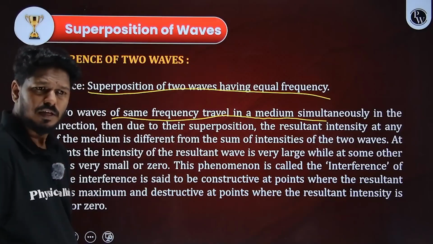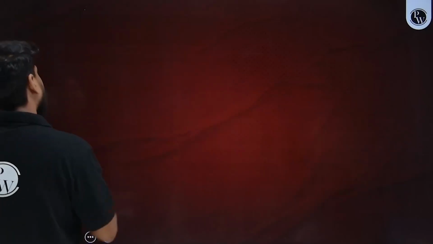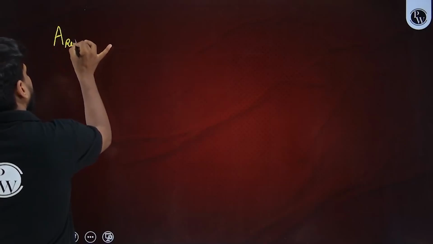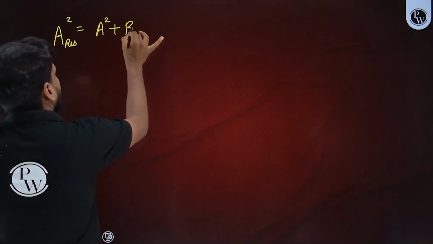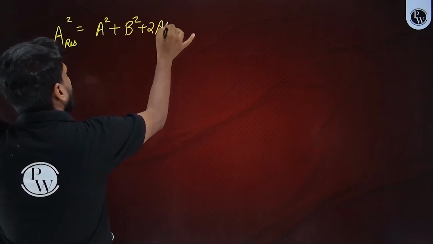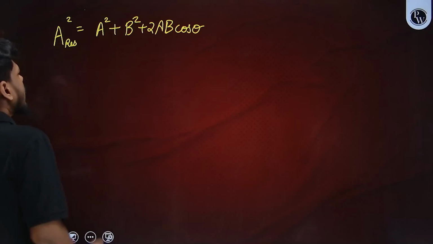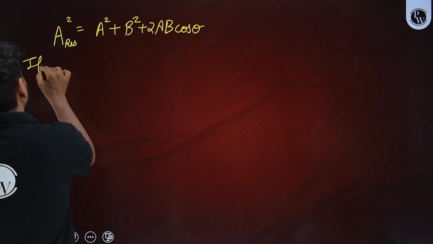What do I mean? Let me explain. Just give me a minute. If they are asking me about the resultant amplitude, I can tell that resultant amplitude square is equal to A square plus B square plus 2AB cos theta. Any difficulty? And if A is equal to B, what will I get?